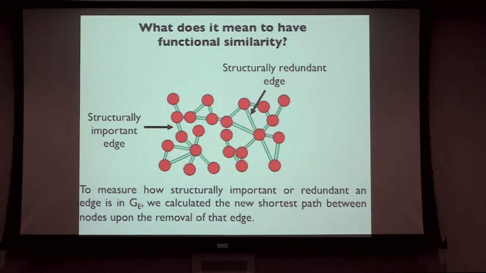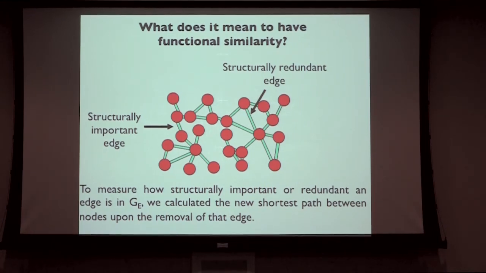Okay, and then finally, having constructed this measure, because we find different kinds of edges than are found in the high throughput data, we might ask, well, what kinds of edges do we tend to find that high throughput data does not? So what does it mean structurally to have high functional similarity?